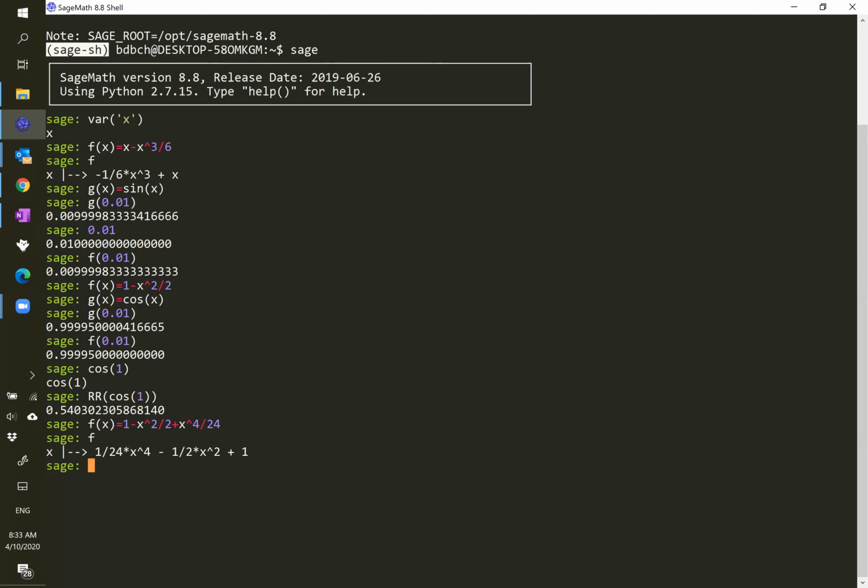Its value at 1 should give some approximation of cosine 1. Now if you plug in 1 to f, what do you get?